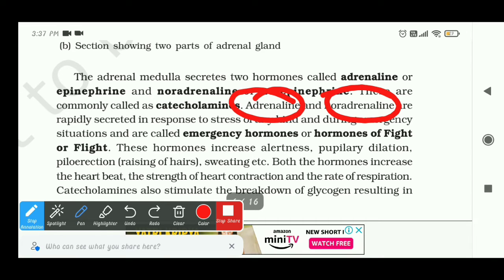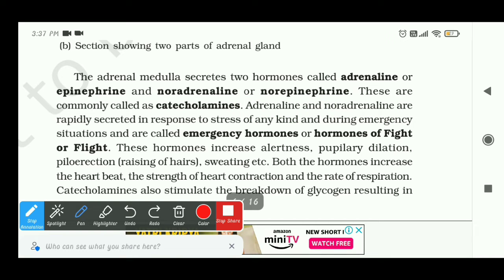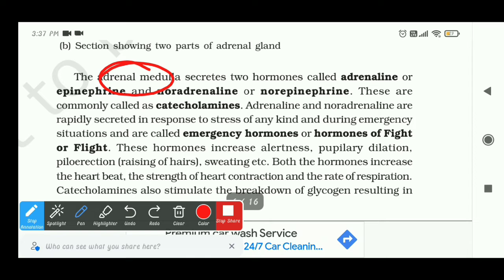These hormones are secreted by our adrenal medulla. Adrenaline and noradrenaline are also called emergency hormones of fight, flight and fear.